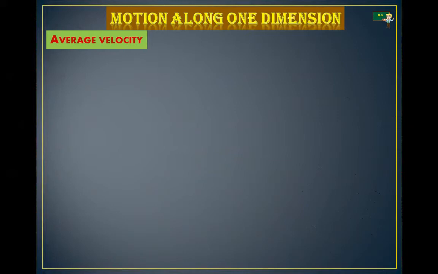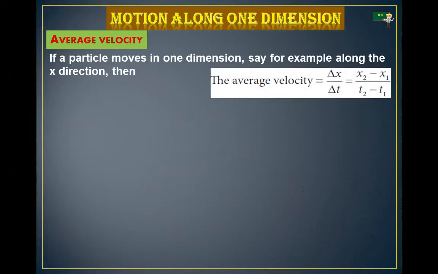If a particle moves in one dimension, say along the x direction, then the average velocity is equal to del x by del t, which is equal to x2 minus x1 divided by t2 minus t1, that is, final position minus initial position over final time minus initial time.